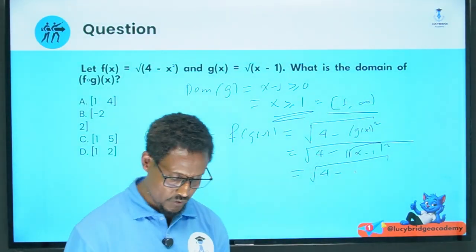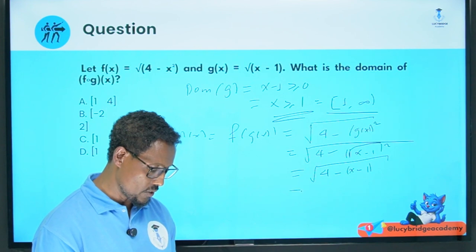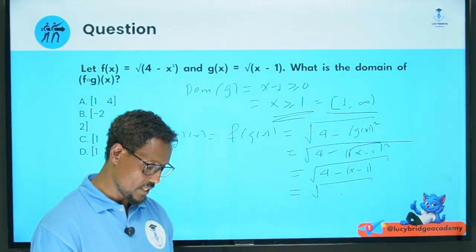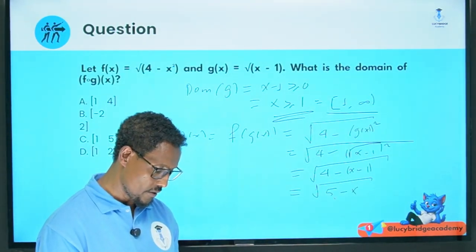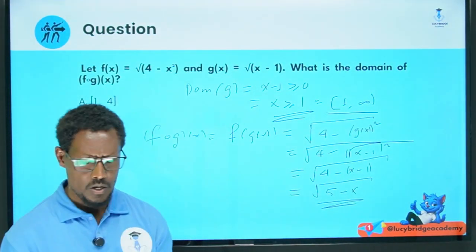The square root of x minus 1 squared is x minus 1, again under the square root, which is the square root of 4 minus x plus 1, that is 5 minus x. This is f circle G, or fog, right?